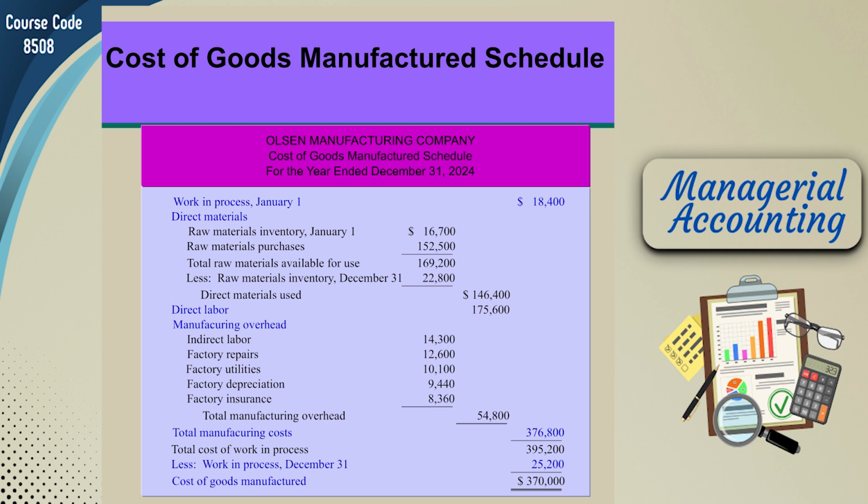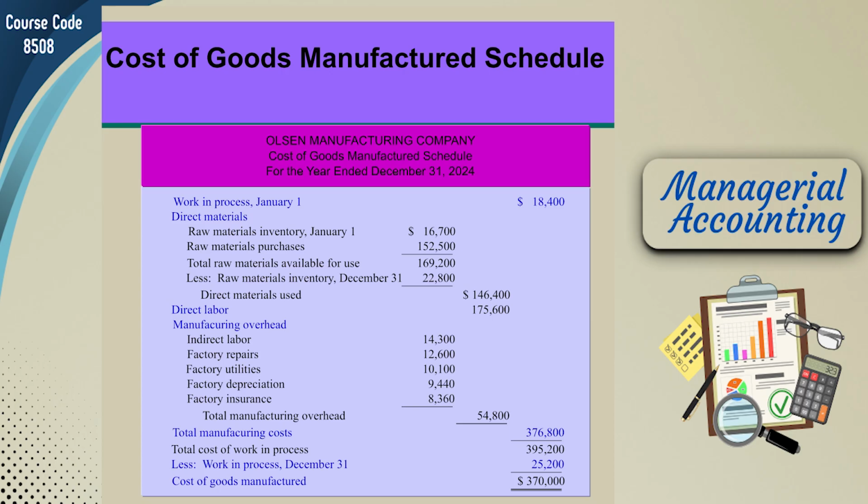After calculating the cost of direct material used, we will add direct labor, that is 1,75,600. Here we may report the prime cost by adding the direct material used and direct labor as well, and we may directly add the manufacturing overhead to the direct material cost and direct labor cost. The list of the manufacturing overheads is given here, which includes indirect labor, factory repairs, factory utilities, factory depreciation, factory insurance, and we have total manufacturing overheads of 54,800.